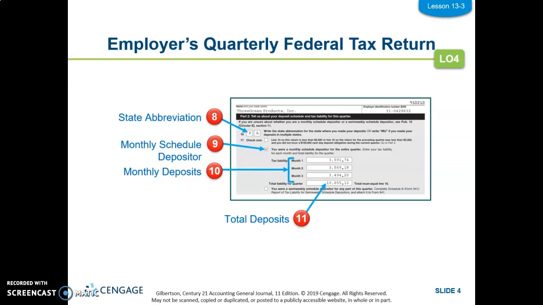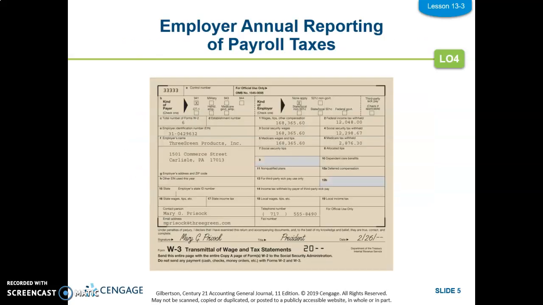So then the last form that we're going to do is the W-3, which is the transmittal of wage and tax statement. So this W-3 looks a lot like the W-2 because it's basically just for every single employee added up.